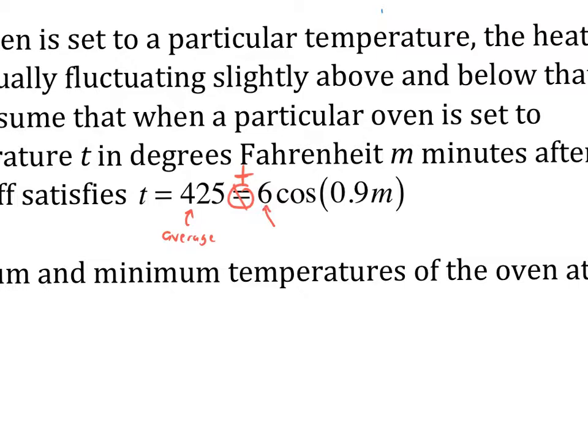This here, the 6, because remember, cosine can be positive 1 or negative 1. So ultimately, we can get to positive 6 and negative 6. So it's like saying 425 plus or minus 6 degrees.